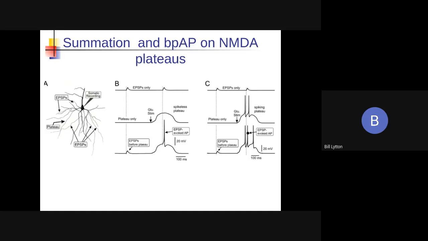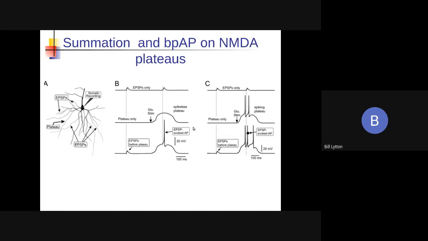You can activate them in the dendrites, and they give you this platform on which you can get more dramatic spiking. In this case, the EPSP by itself, giving just one EPSP, two EPSPs. The plateau by itself giving this plateau.